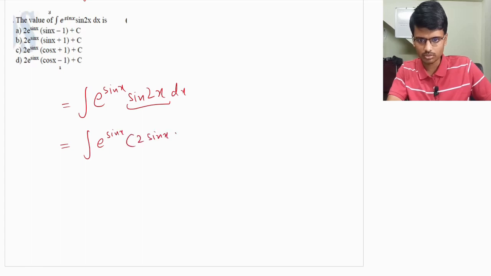And I also know that differentiation of sin x is cos x. So I'll pick the substitution method, t equal to sin x, and I know dt by dx is nothing but cos x. So I'll just substitute that: e power t times 2 sin x cos x dx becomes 2 t e power t dt.